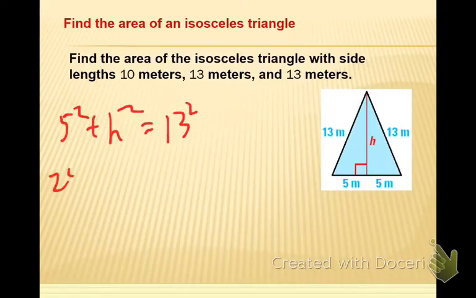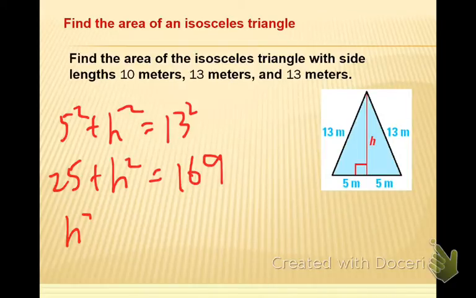So that's going to be 25 plus h squared equals 169. So h squared equals 144. So h equals what? What does h equal? Square root of 144, Logan?